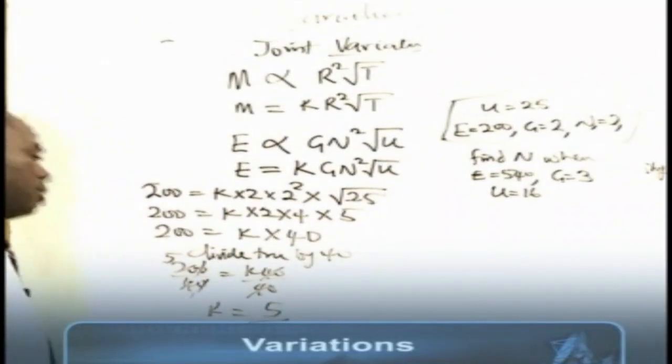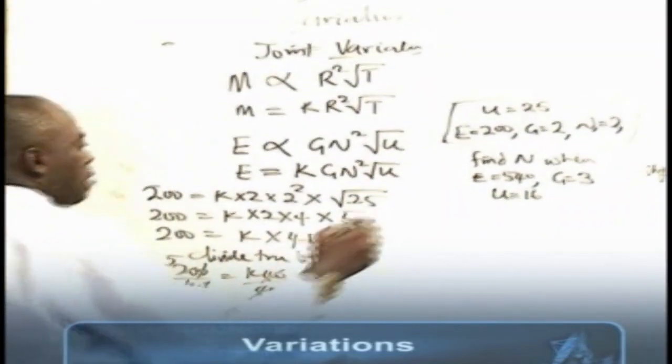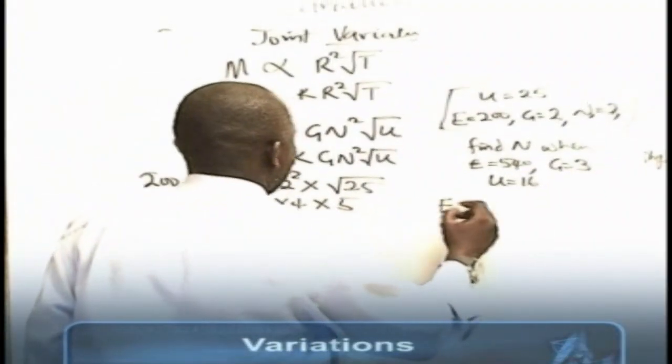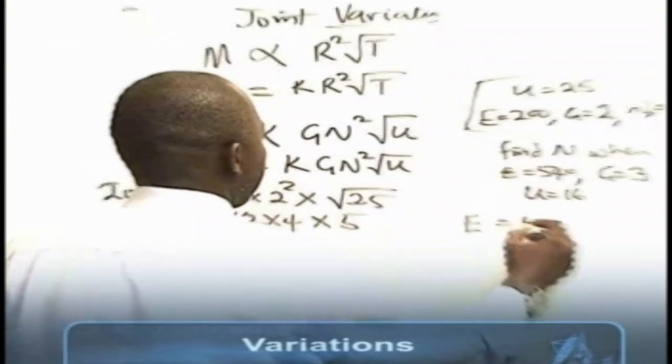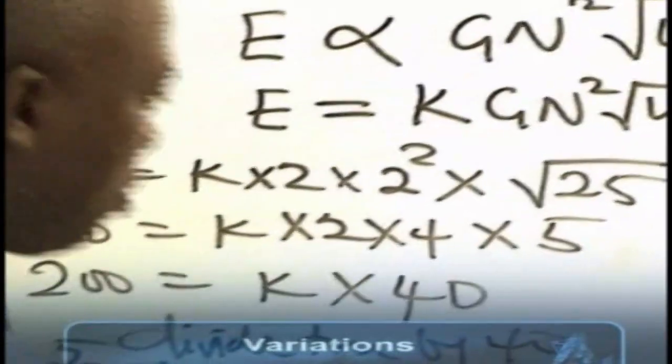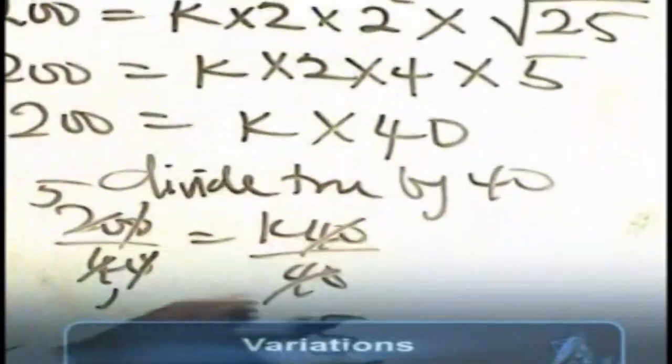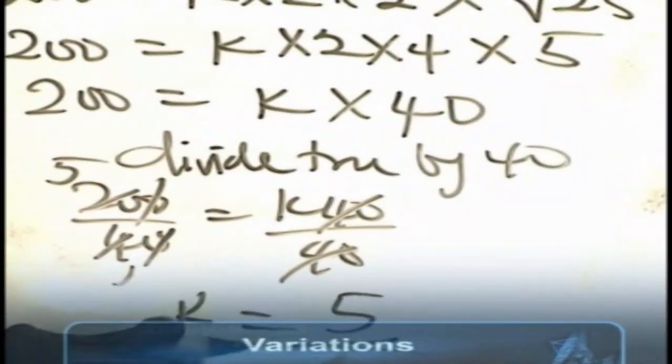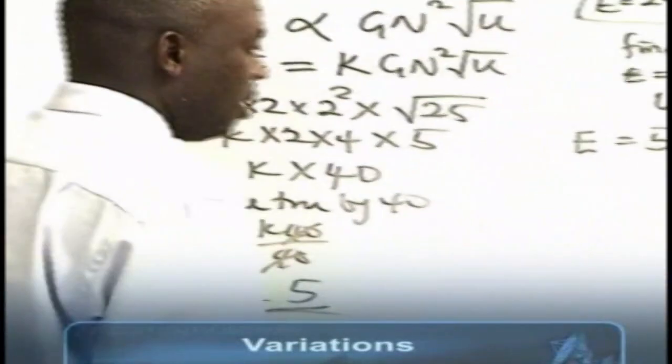Now that we have determined K, you can now say E equals 5 G N squared root U. That's the connecting formula, because we have been able to determine our K. Now, you will substitute and determine the value of N using these values that have been provided for us.